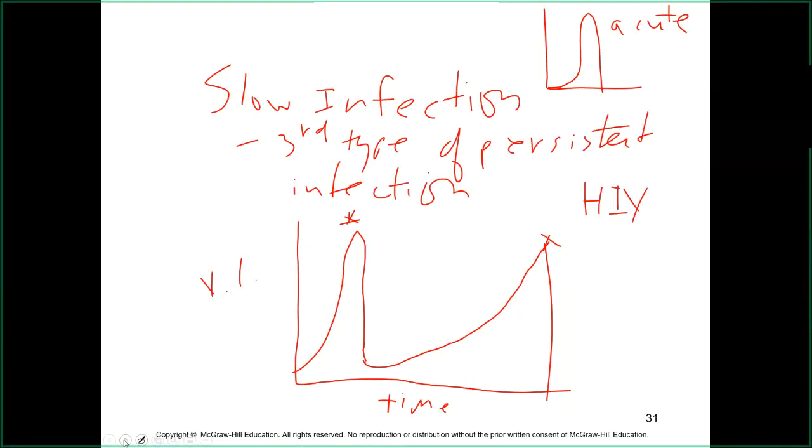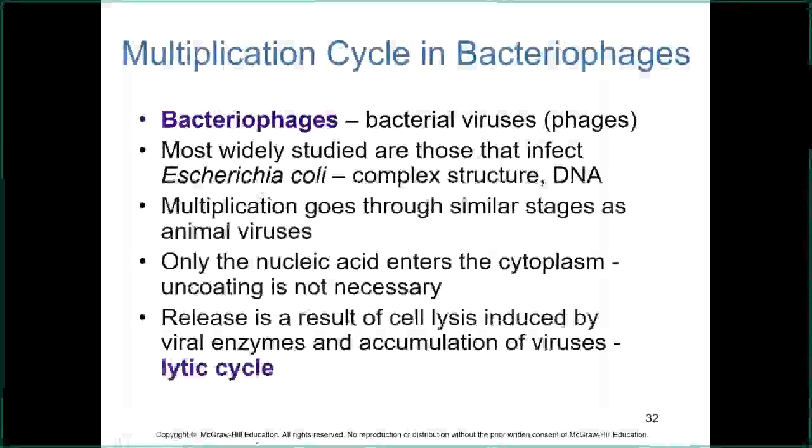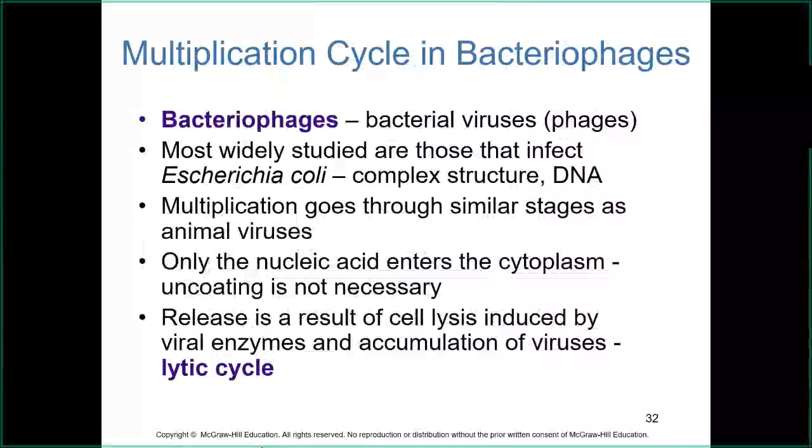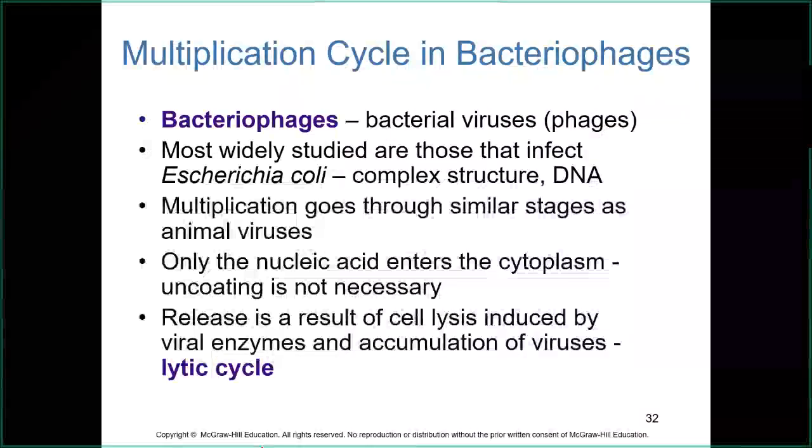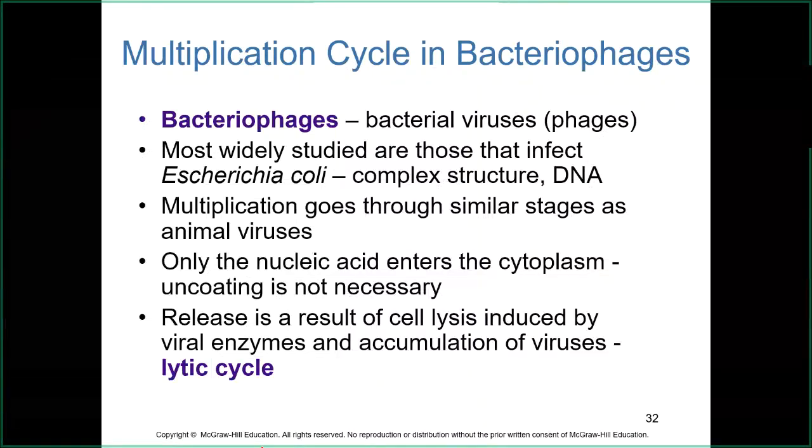You may still carry that virus. All right, so there's that with regard to animal viruses. Multiplication cycle, the different types of infections that you can have, persistent forms that are chronic or latent or slow.